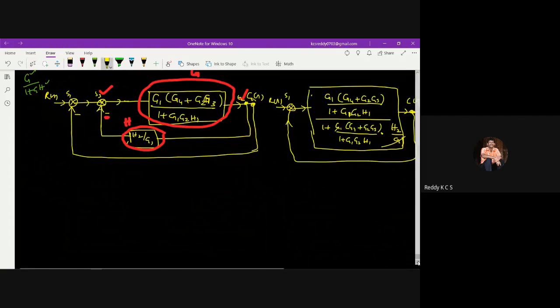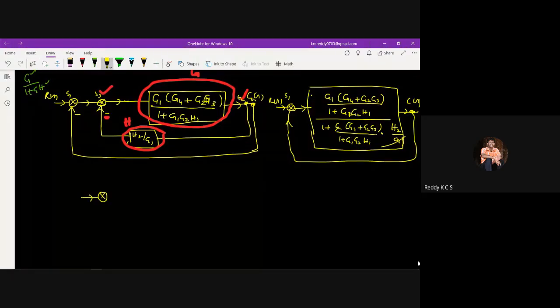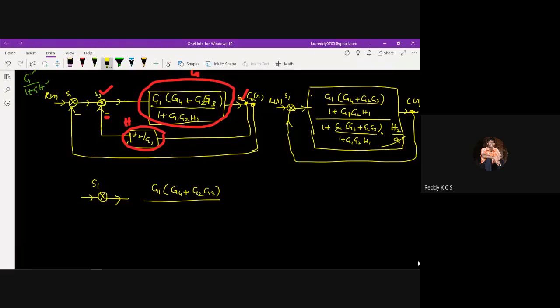Now, the simplification, if I have done, then there will be one summing point, that is summing point 1. If I take the LCM and all those, I'll be getting G1 into G4 plus G2, G3, divided by, and this one will get cancelled out if I take the LCM.